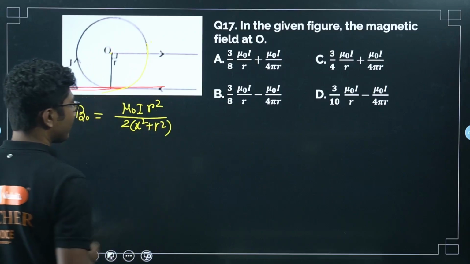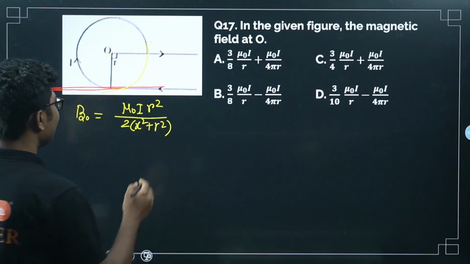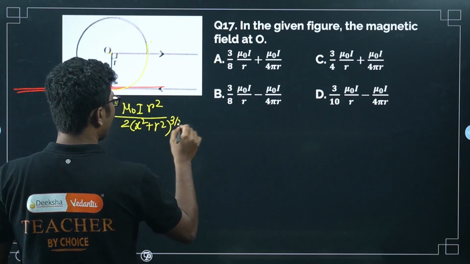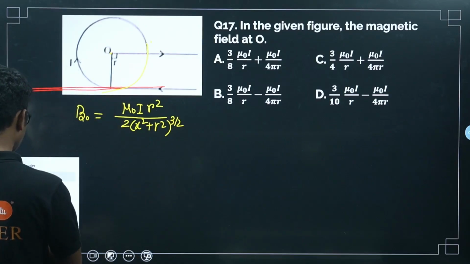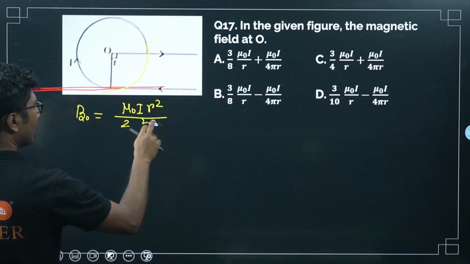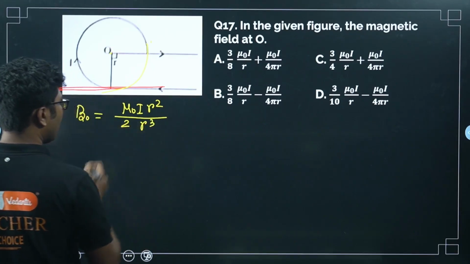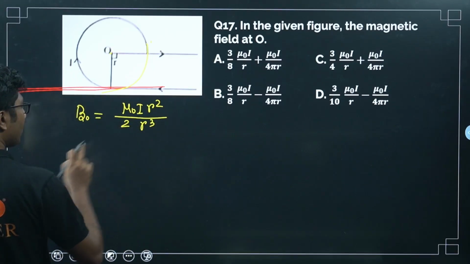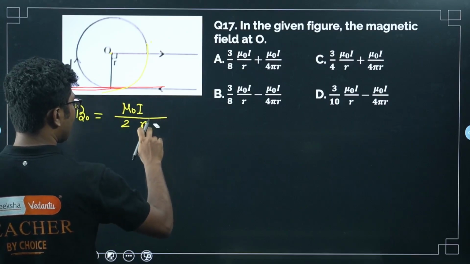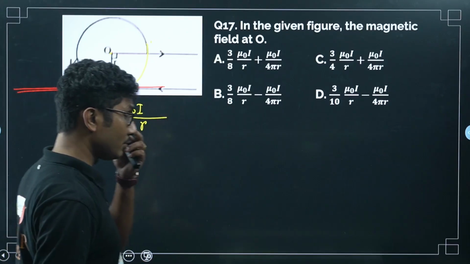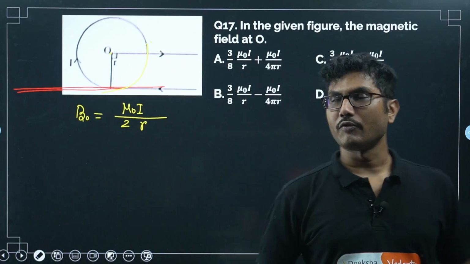I have just used that formula. Now here x is 0, which means it will be r cube. In case you remember the formula, you can use it directly. So r square and r will cancel, so only mu naught I by 2r. This is the formula for full circle.